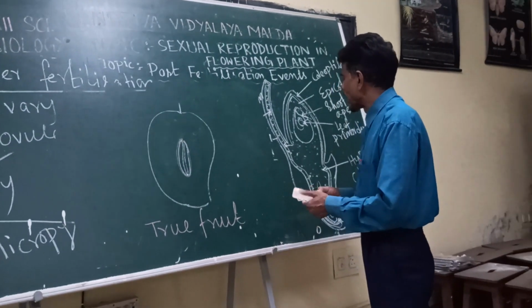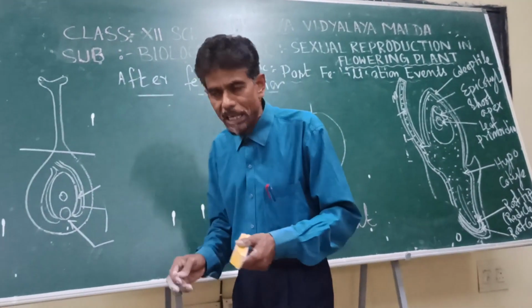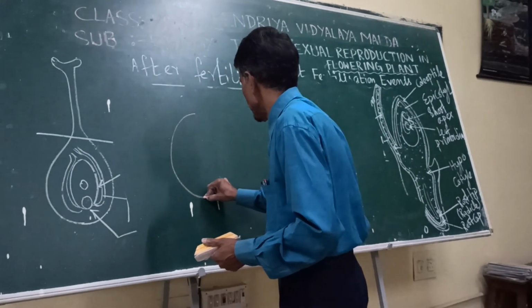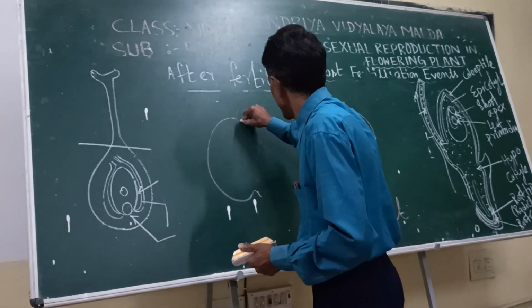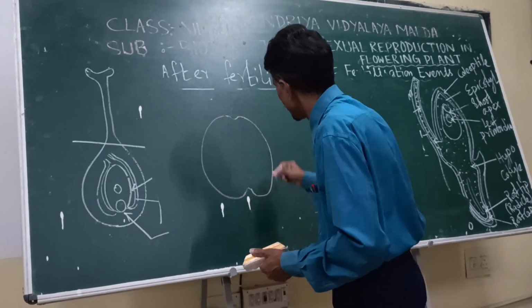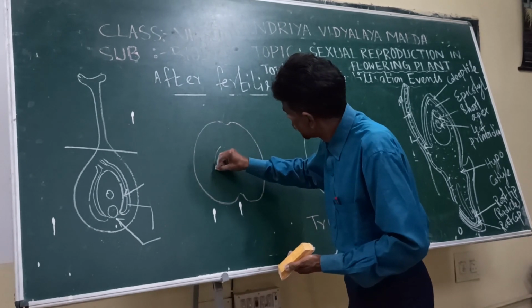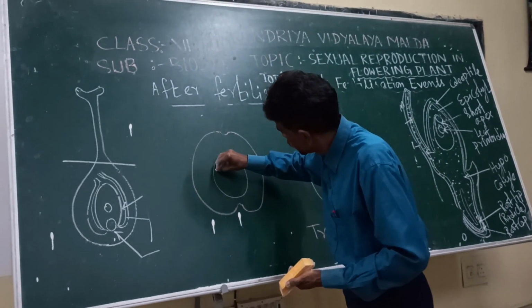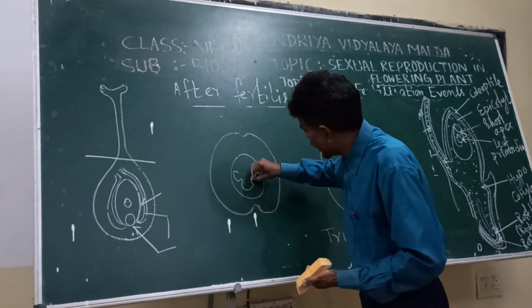On the other hand, if you take an example of, say, apple or strawberry, here if you make a cross section of apple, the inside view you are getting like this.